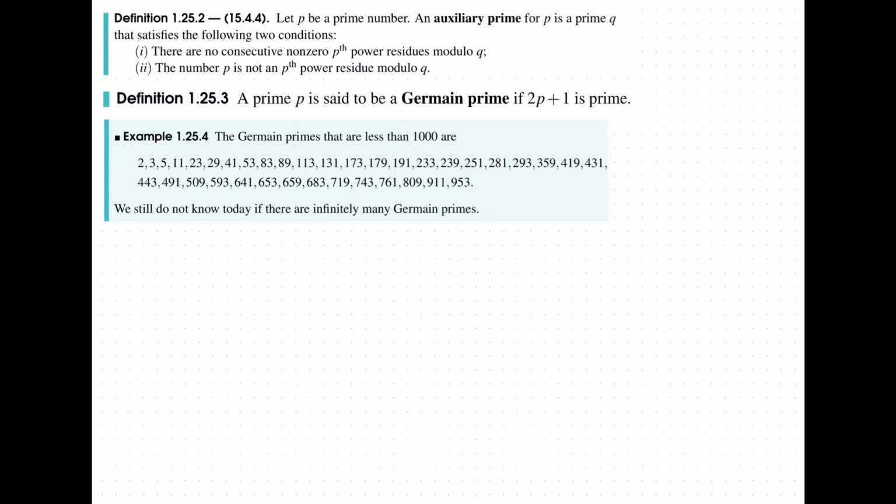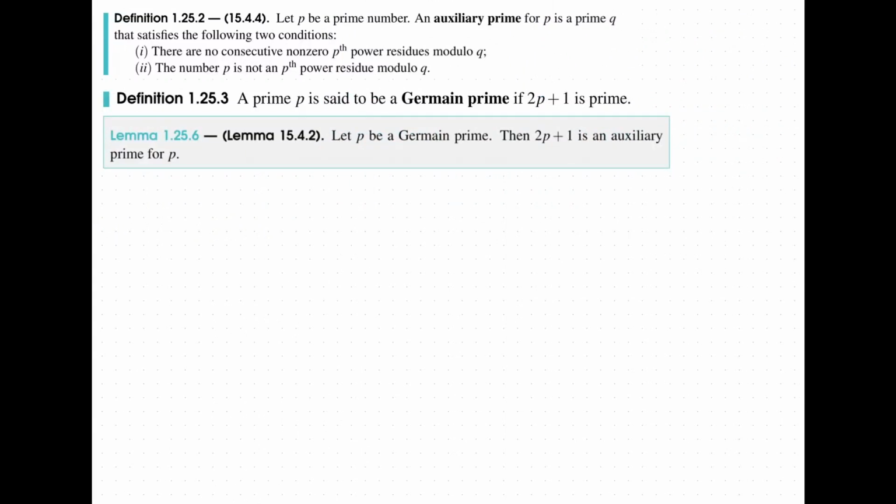However, with 7, we have 2 times 7 plus 1, which is 15, not prime. So 7 is not a Germain prime. And we can go through and continue in this process and verify that each of these will be a Germain prime. Interestingly enough, today we still don't know if there are infinitely many Germain primes, although they are heavily used in cryptography.